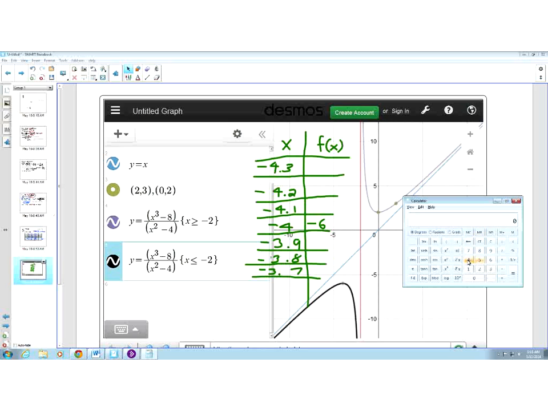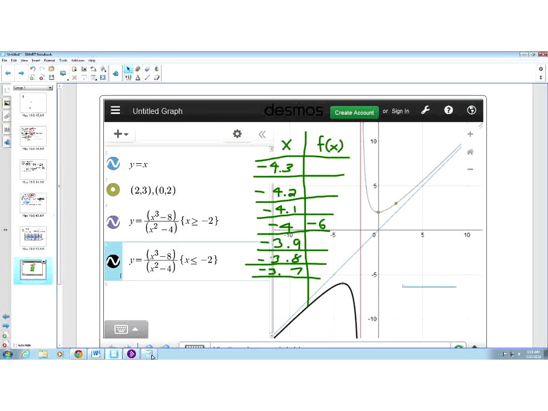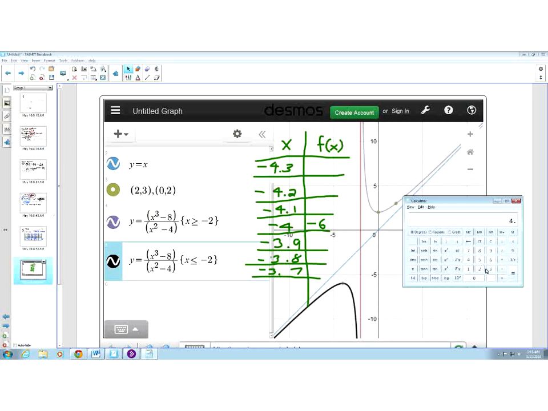So I'm plugging in -4.3, cubed, minus 8, divided by that squared minus 4.